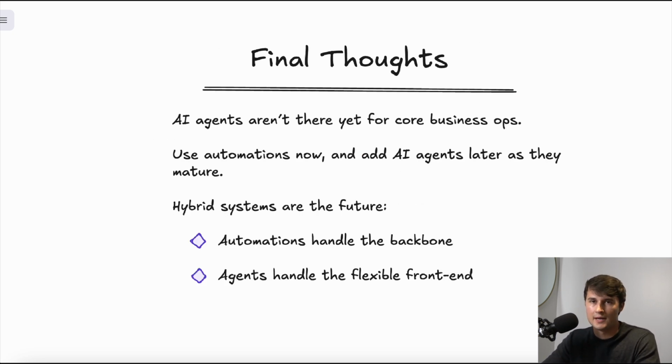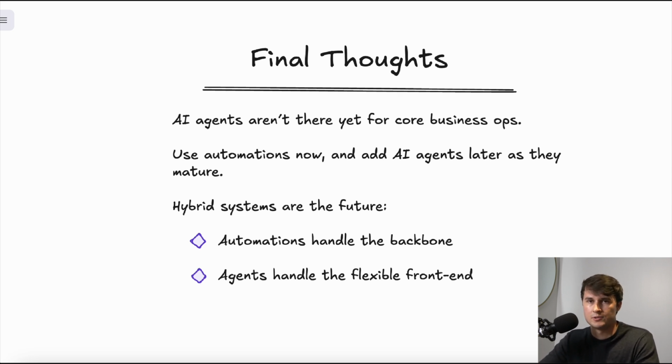So now to conclude, AI agents are developing very rapidly and their capabilities are becoming better and better day by day, but you should approach them with caution for using in core operations. AI agents can hallucinate, they can make mistakes, and even if an agent fails 1% of the time, that could be costly to businesses.